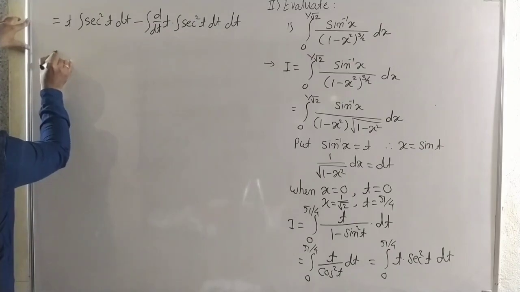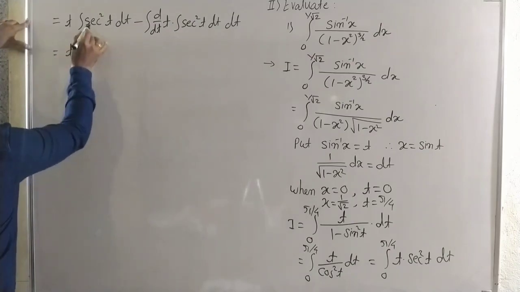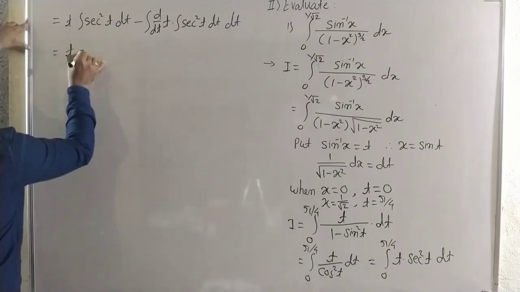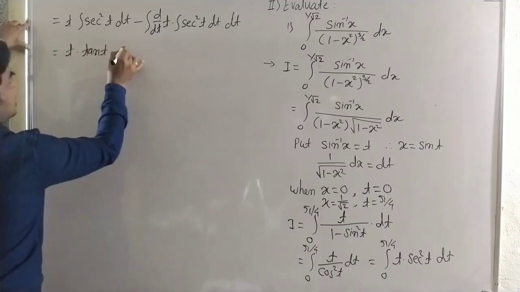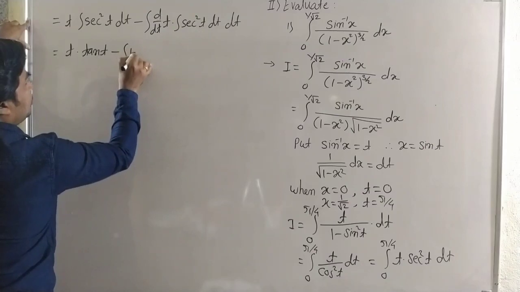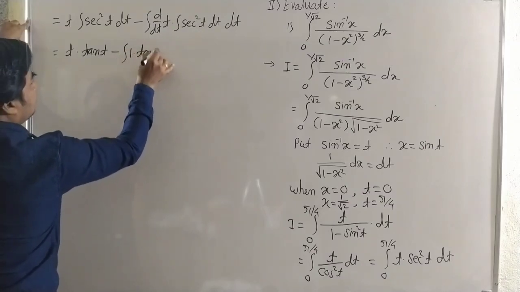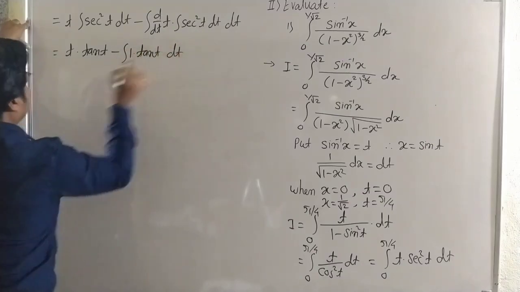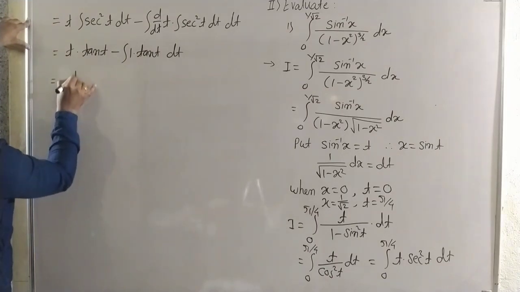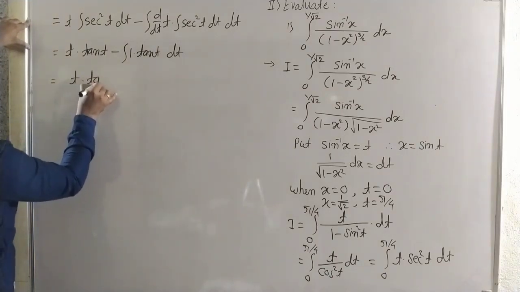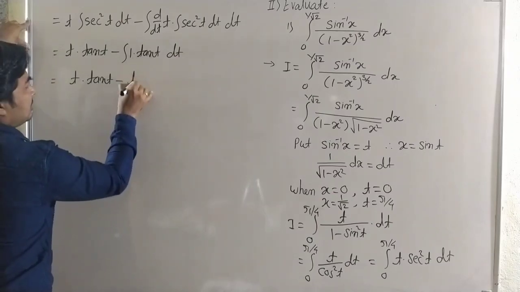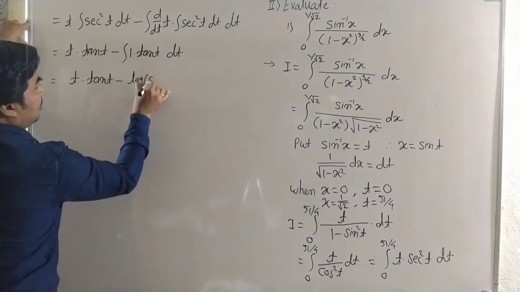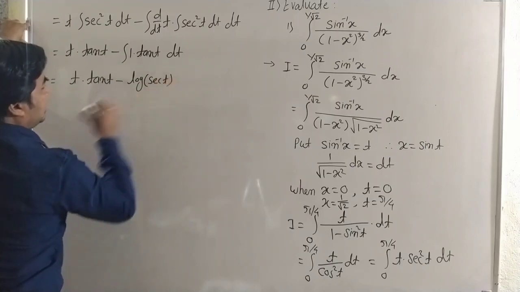Okay, remember this. Here the integral of sec square t is a standard integral, that is tan t, minus integral of derivative of t, that is 1, into tan t dt. And now t into tan t minus integral of tan t, which is log of sec t.